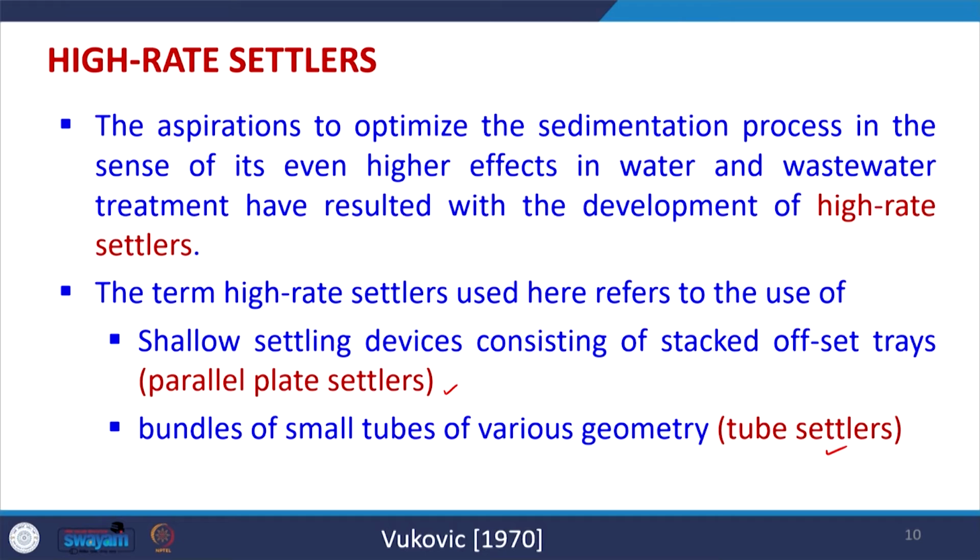So, we have one plate, second plate, third plate, etc. And then tube settlers, where we have different tubes which are closely spaced and the flow goes through these tubes. So, basically two types of high rate settlers are very common, tube settlers and parallel plate settlers, and we are going to learn about both of them now.